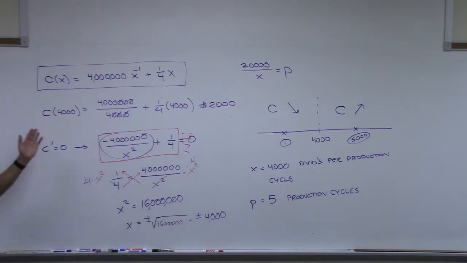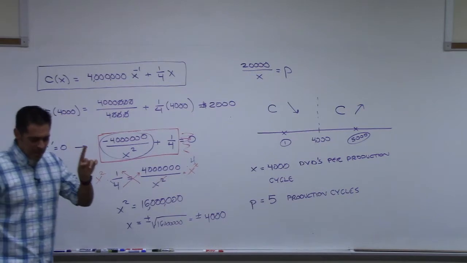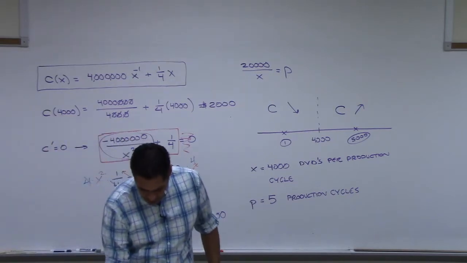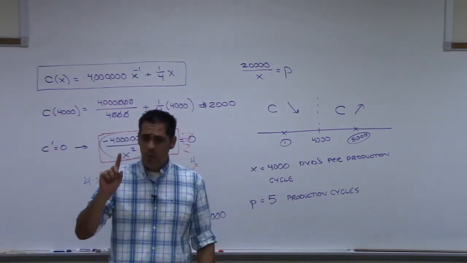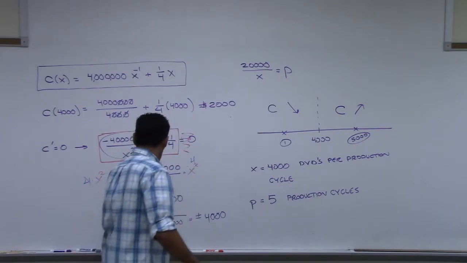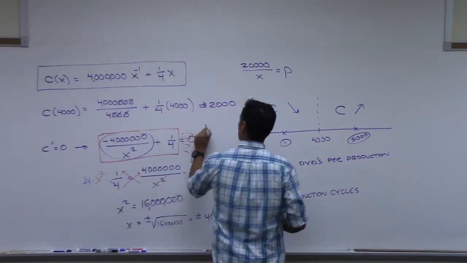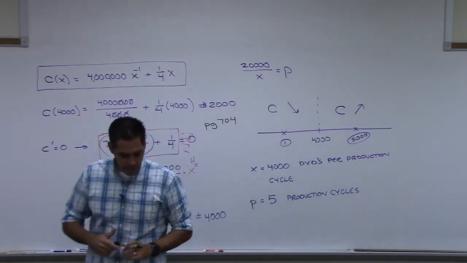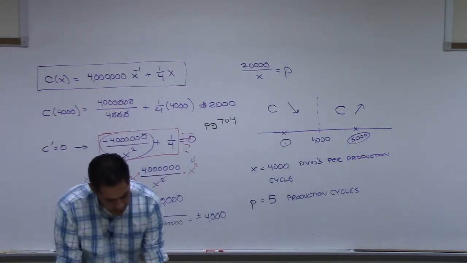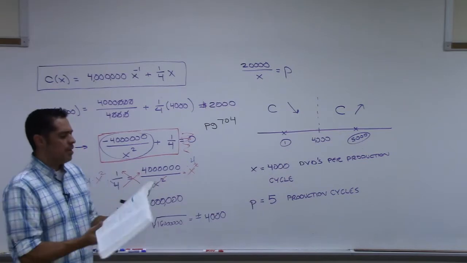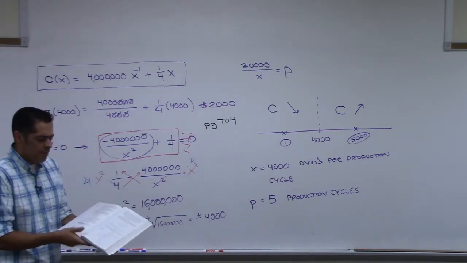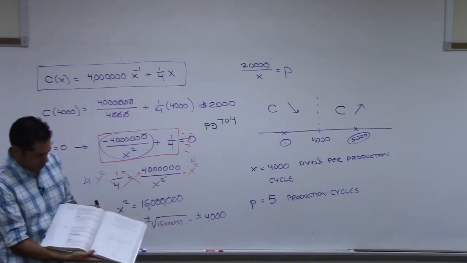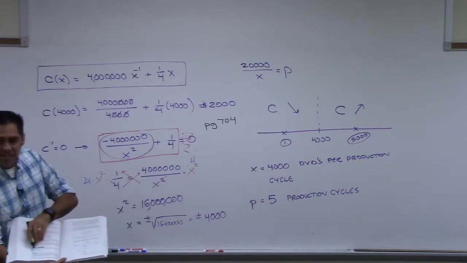So when I put this problem on the board to begin class, I put 4 stars next to it, right? That's because on page 704, if you look at the top of the page, you're going to see, I know not everyone has the book here, but if you go to 702, then you'll see example 8.